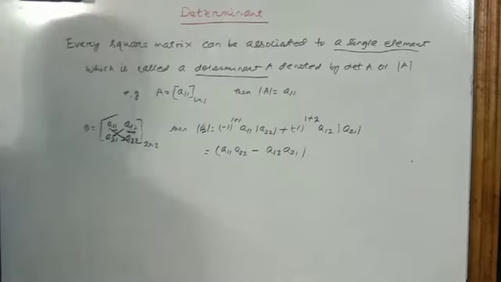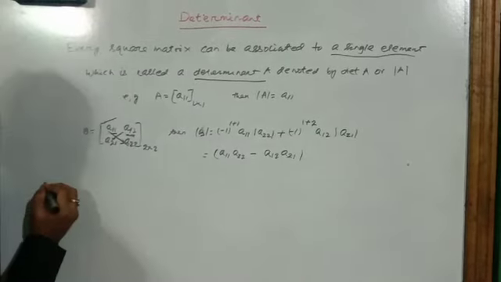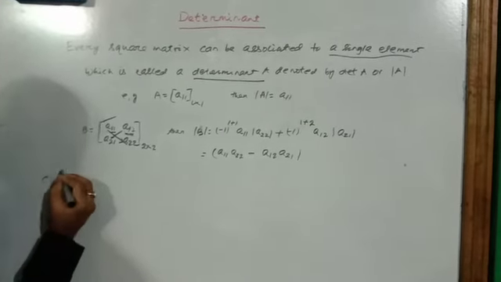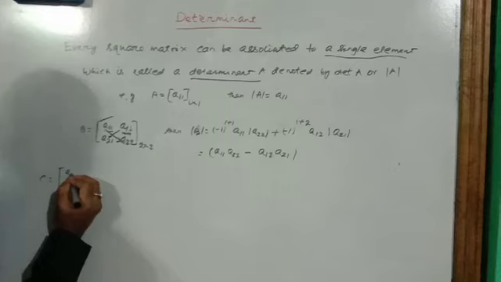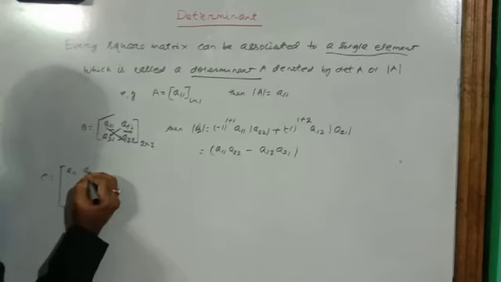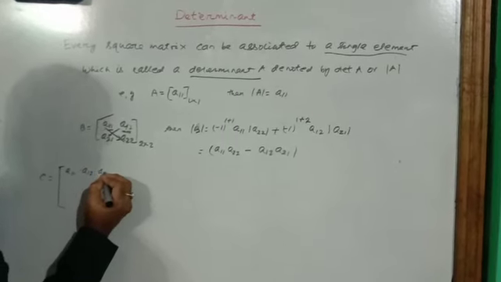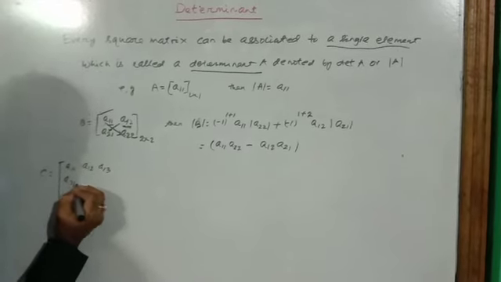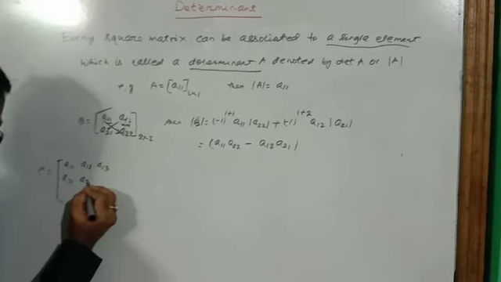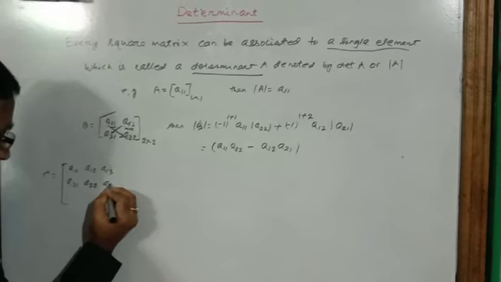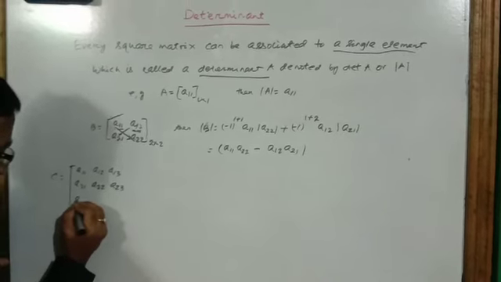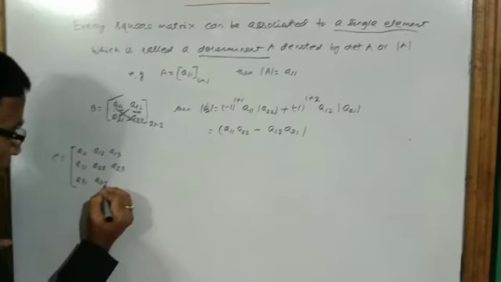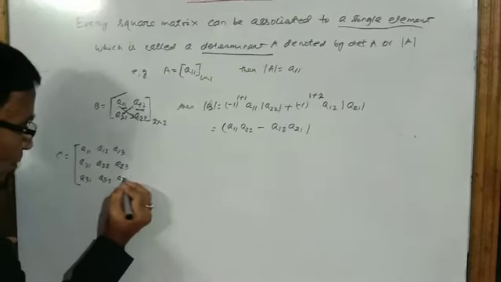And similarly, if we take C as a square matrix, that is A11, A12, A13, A21, A22, A23, A31, A32, A33.